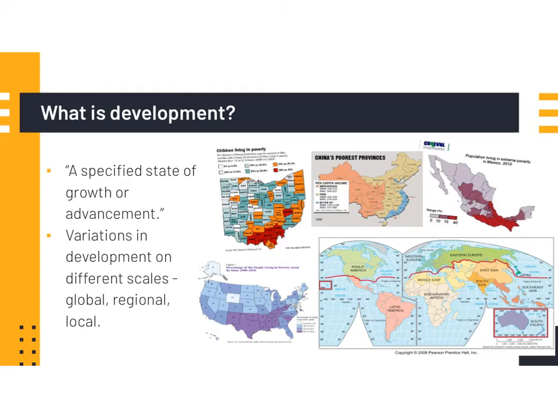And then we have our world map with regions being defined differently. For the most part, what this map is showing is how the southern hemisphere tends to be poor and the northern hemisphere tends to be richer, with the exception of Australia, which is in the box in the bottom right.